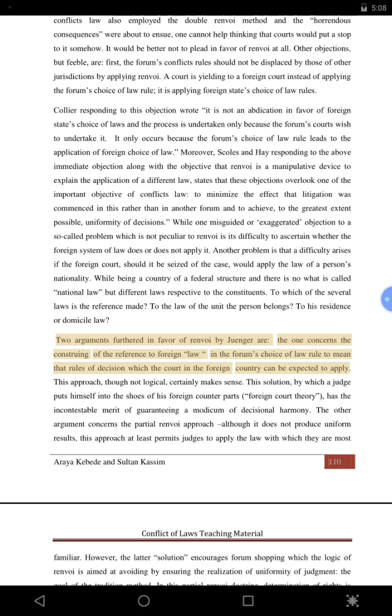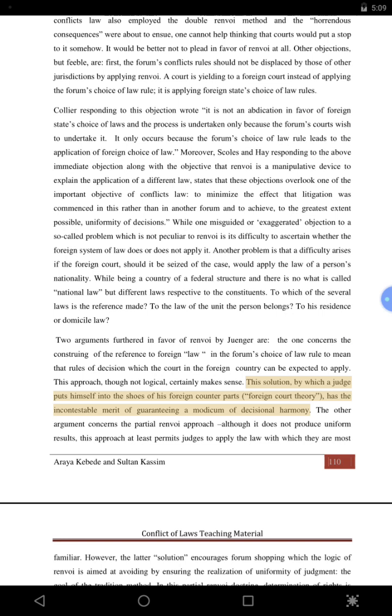Two arguments put forward in favor of renvoi by Younger are, first, the one that concerns construing the reference to foreign law in the forum's choice of law rule to mean the rules of decision which the court in the foreign country can be expected to apply. This approach, though not logical, certainly makes sense.